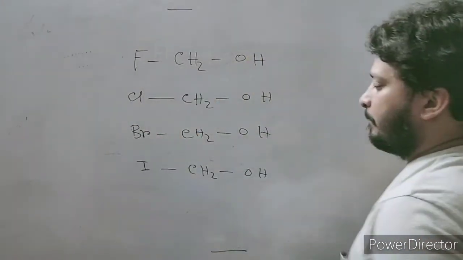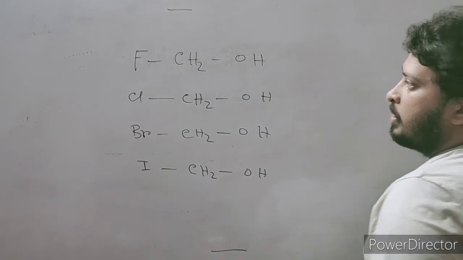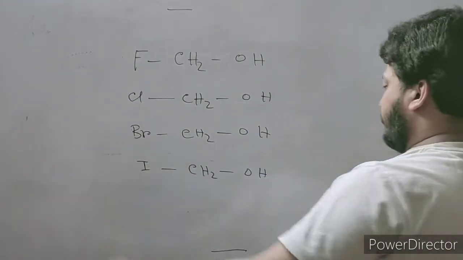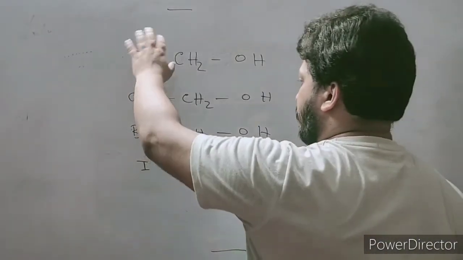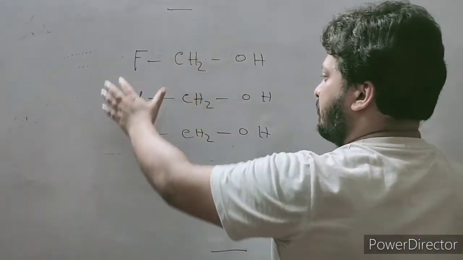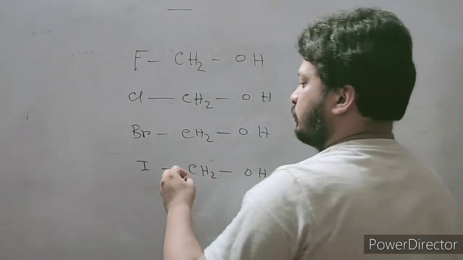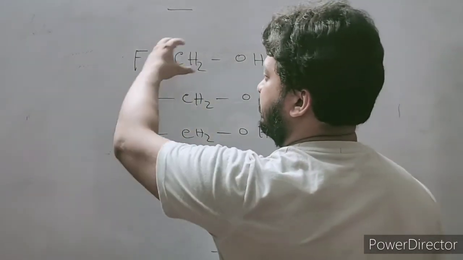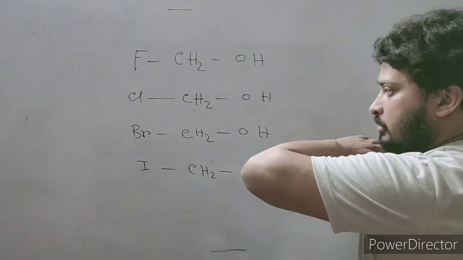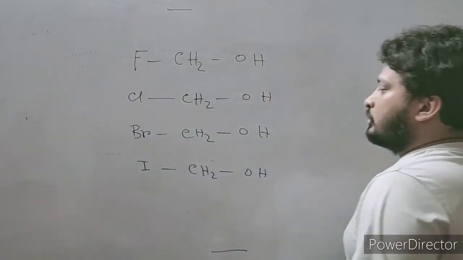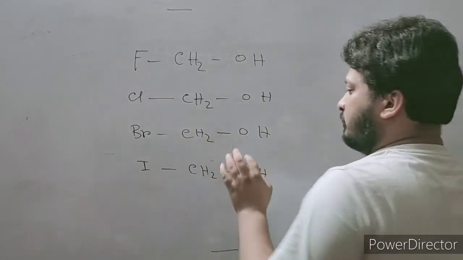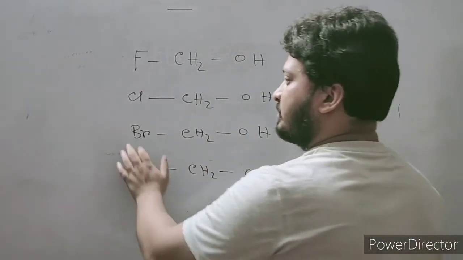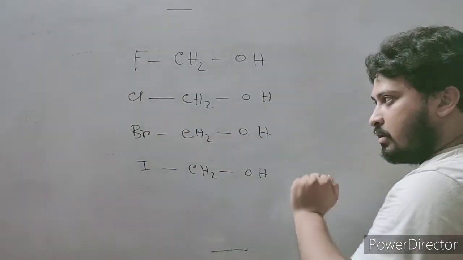For this case, there is fluorine, chlorine, bromine, and iodine. Everyone has the ability to pull the electron towards itself from the methyl group. So the electron density on oxygen will decrease due to the presence of an electronegative element.